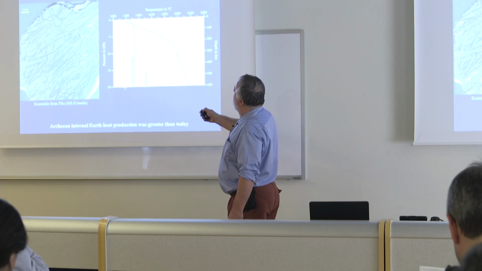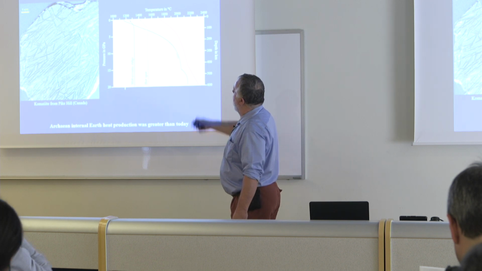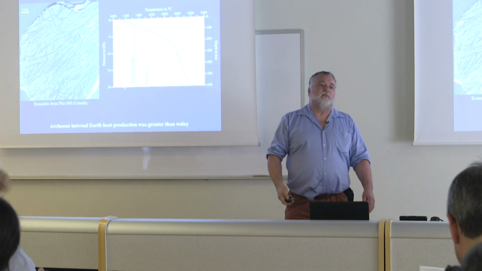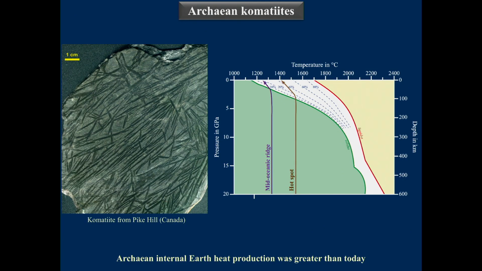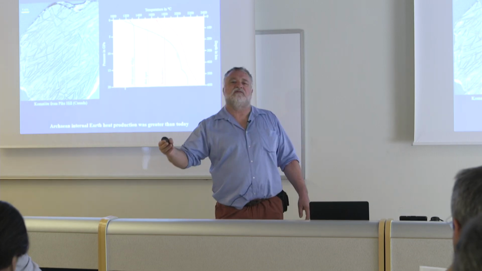And the melting depth is greater than for mid-ocean ridges. But when plotting komatiite in this diagram, we see that the temperature here is around 1,700 degrees, so extremely warmer. And we have here the degree of melting of the mantle, which is extremely high, more than 50%.